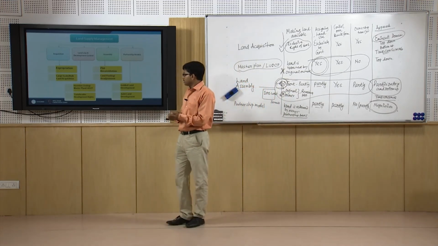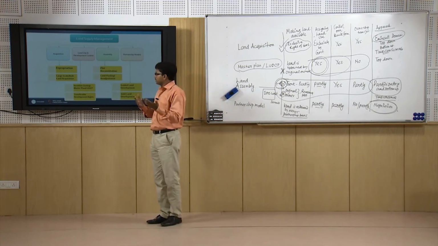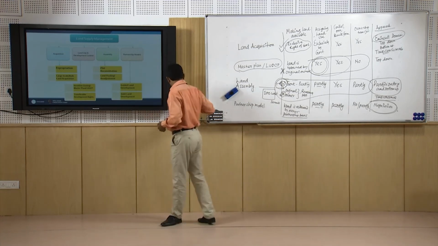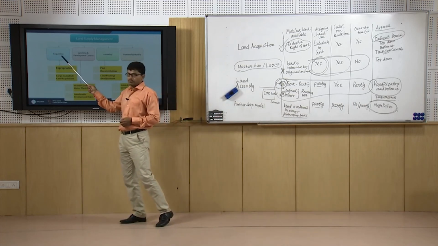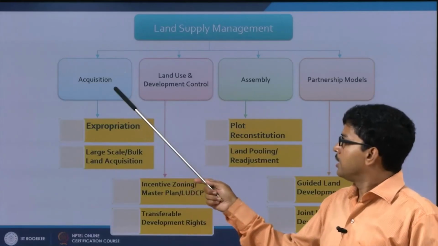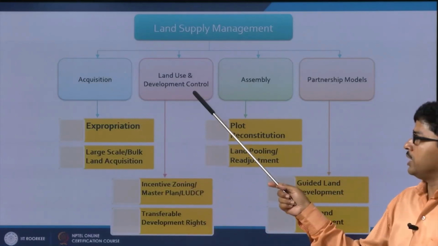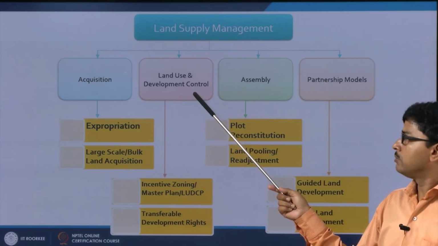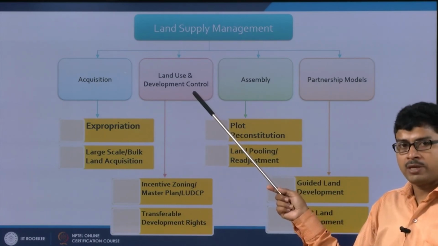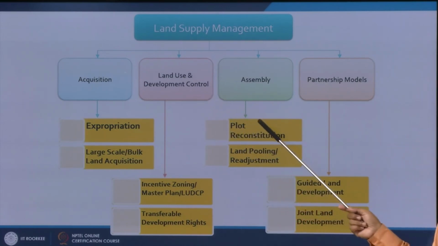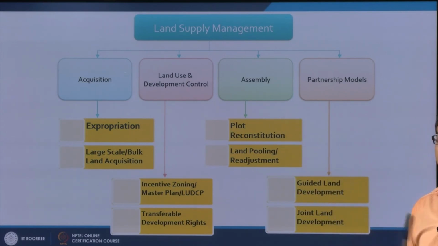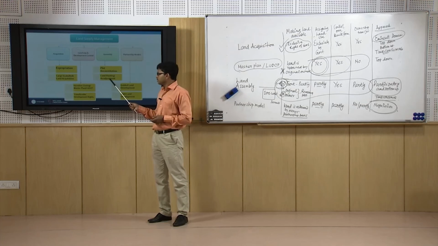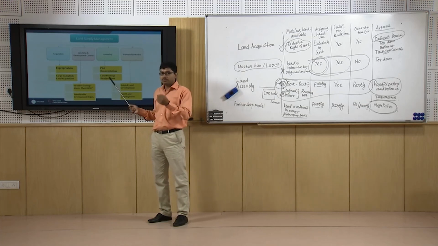Now, as a further study, you can see the latest Land Acquisition Act 2014 with its amendment. See at least one land use and development control plan, maybe a master plan or maybe an LUDCP for any city, and you see the Town and Country Planning Act or any example of land readjustment or town planning scheme.